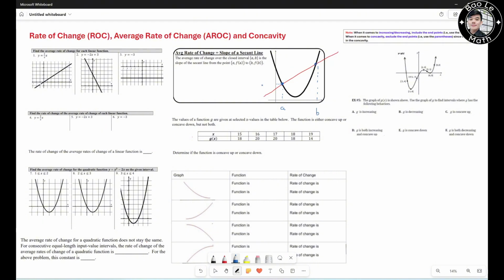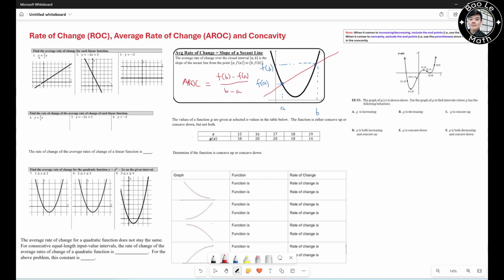We have f of a right here, and we have f of b right here. So the formula for the average rate of change is going to be f of b minus f of a over b minus a.